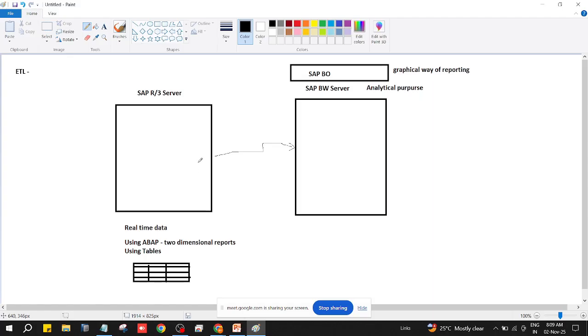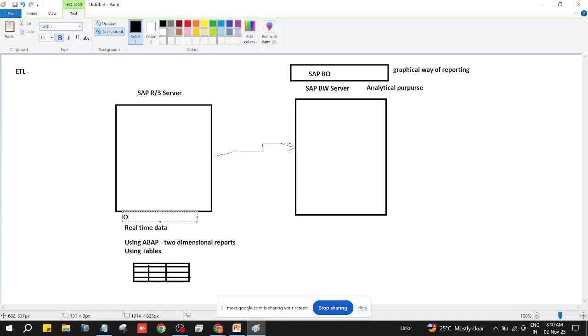So the daily, day-to-day, real-time transaction data is available here. That's why this is called an OLTP system, online transaction processing.